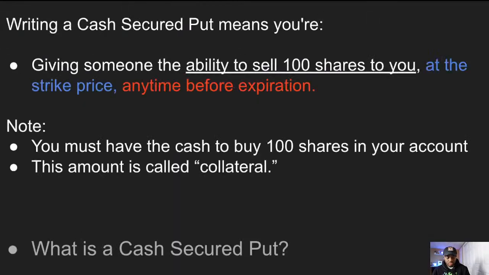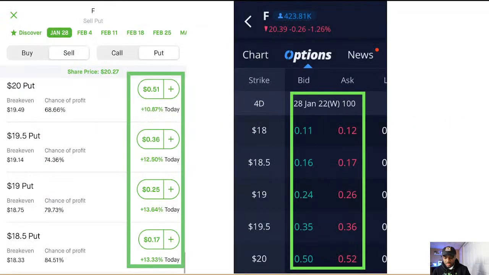So right here, we're looking at puts. Let's say that we wanted to buy 100 shares of this. And we say, we could buy 100 shares of this, but you know what? How about I just sell a put instead of buying 100 shares and then put my collateral up because I expect the stock to go up anyway. So then basically I will put my collateral for the $20 put up, and then I would collect $51 in cash immediately.